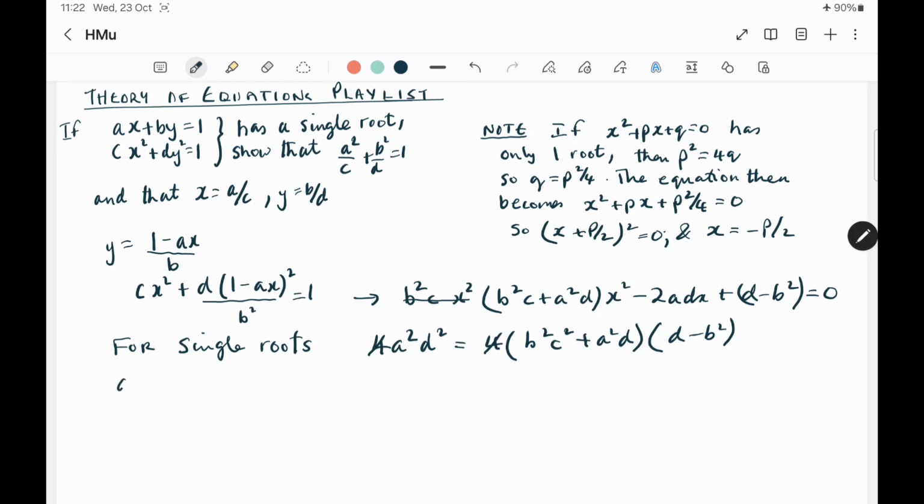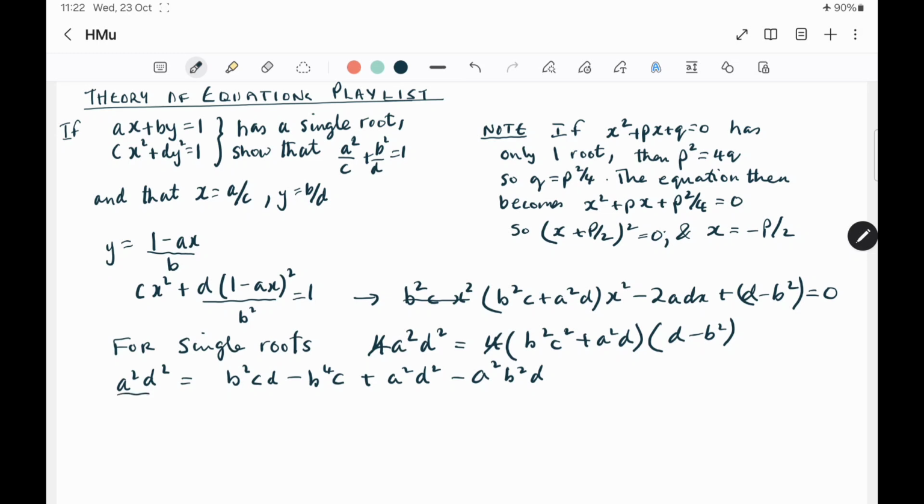The left-hand side is a squared d squared, and on the right-hand side, multiplying all that out, we get b squared cd minus b to the 4th c plus a squared d squared minus a squared b squared d.